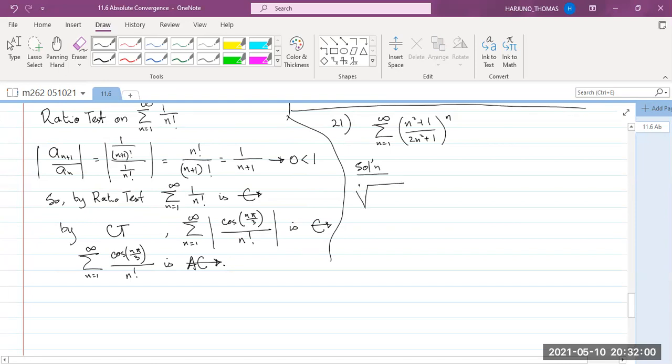The nth root of the absolute value of a sub n is the nth root of n plus 1, times n squared plus 1 over 2n squared plus 1, to the n.